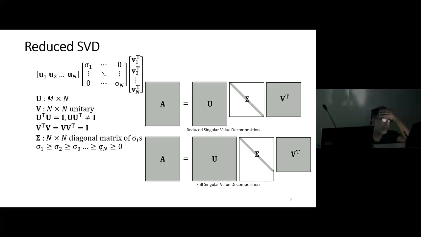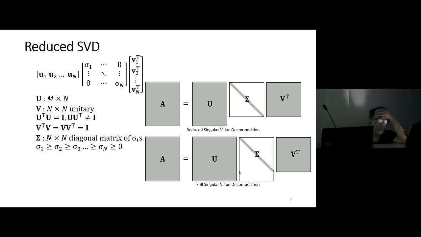Now, what happens if A were a wide matrix instead of a tall matrix? I don't have the graphics for that, but in that case, let's look at the full SVD first. U would be a smaller matrix, a square matrix, unitary still, in full SVD.